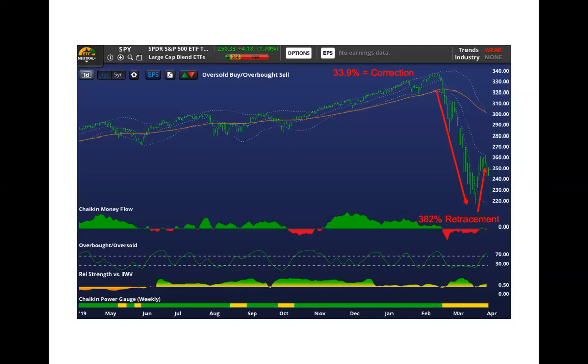And this chart shows a couple of the technology innovations that we're going to share with you today. At the bottom of the chart is something we call our Chaikin Power Gauge rating. We launched 10 years ago with ratings on 5,000 US equities using a 20-factor model, 20 important data points that institutional investors look at every day, and that's really critical.